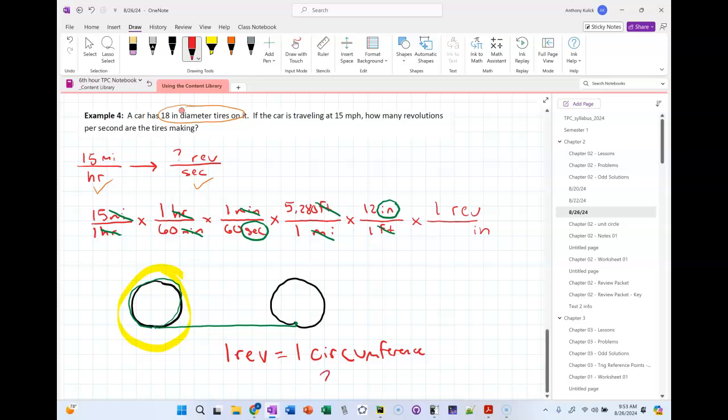Remember, a circumference is 2 pi r. So what is the r if I have 18-inch diameter? 9. Because we remember that a radius is half of the diameter, or the diameter is twice the radius. Whatever way of thinking about it is okay.